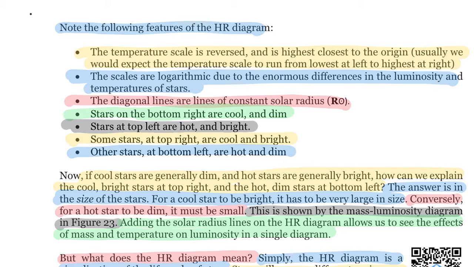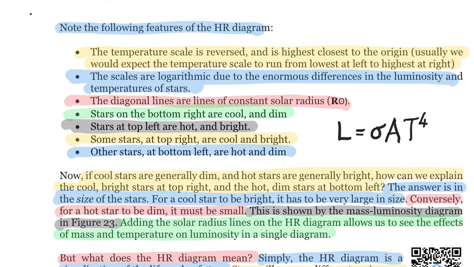Now, conversely, for a hot star to be dim, it must be small. So if you've got a very high T, and I can maybe write it here, we've got L, luminosity, equals the Stefan-Boltzmann constant, multiplied by the surface area of the star, multiplied by the surface temperature of the star to the power 4.